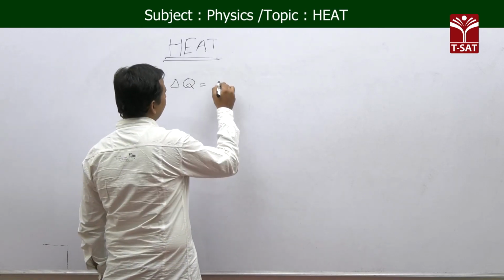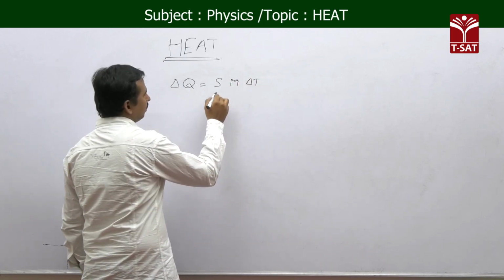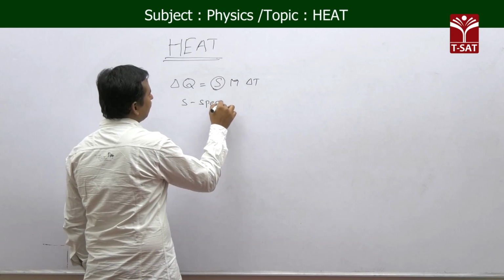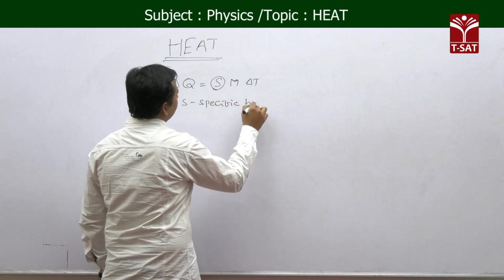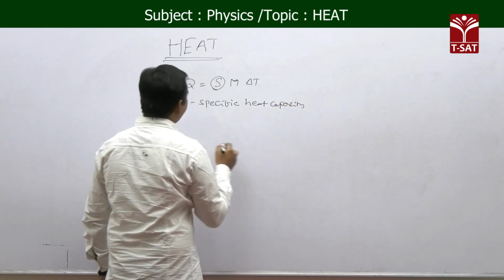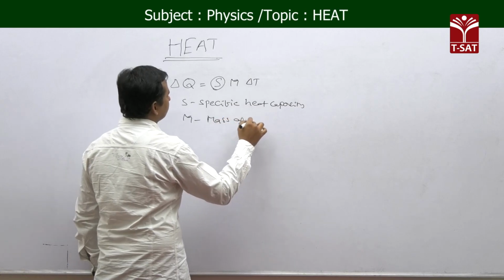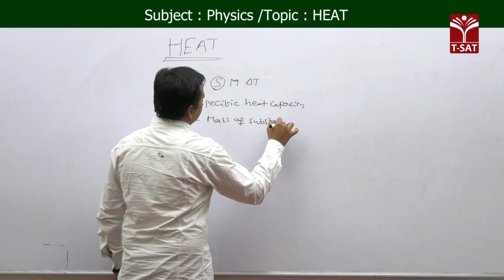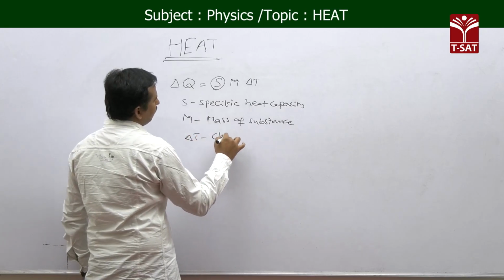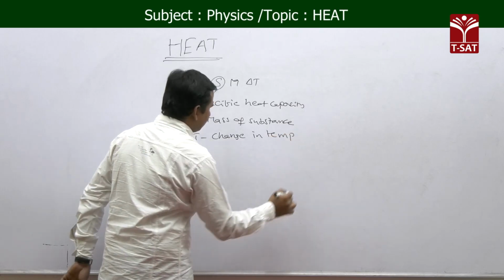Delta Q is equal to S into m into delta T, where S is the specific heat capacity, m is the mass of the substance, and delta T is the change in temperature.